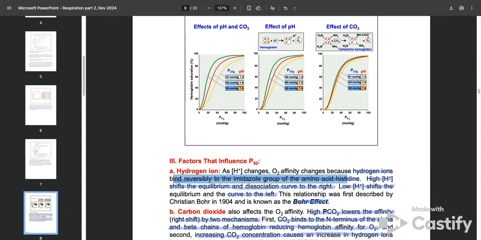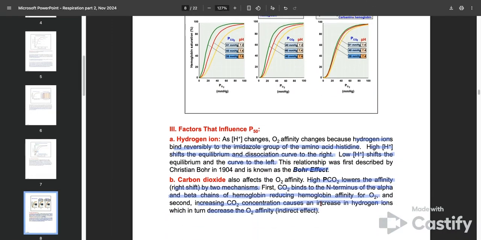What hydrogen does is bind to hemoglobin, and oxygen leaves. Okay, cool. More hydrogen ions, more oxygen leaving hemoglobin, and this is good when we're trying to release oxygen into the tissues. So this is good at the tissues, and this is called the Bohr effect.